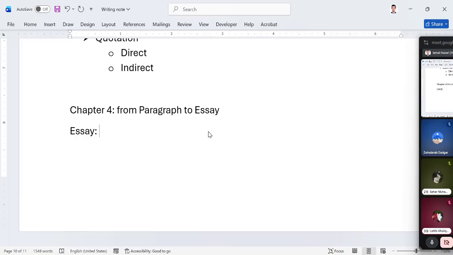Most of the time it's an academic topic. An essay includes paragraphs like introduction, the body, and conclusion. So one essay should include three things: introduction paragraph, body paragraph, and also conclusion. Yeah, teacher, in my perspective, that is the essay.